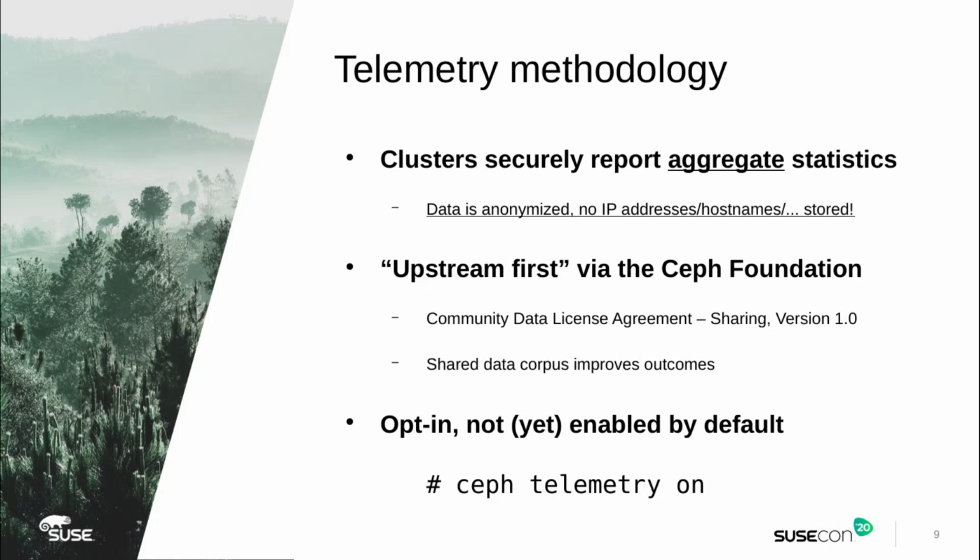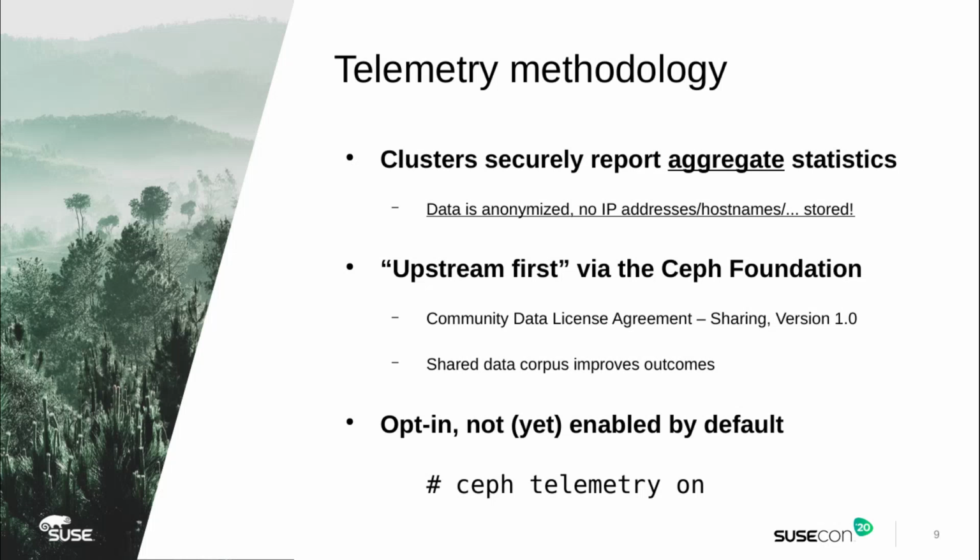And these aggregate statistics are then relayed securely via an HTTPS connection to a telemetry endpoint hosted by the Ceph Foundation. So this is not an initiative by any downstream vendor, but it's a data corpus that benefits from getting as much data into it as possible. So it's also an upstream first initiative by the Ceph Foundation, which hosts the server.